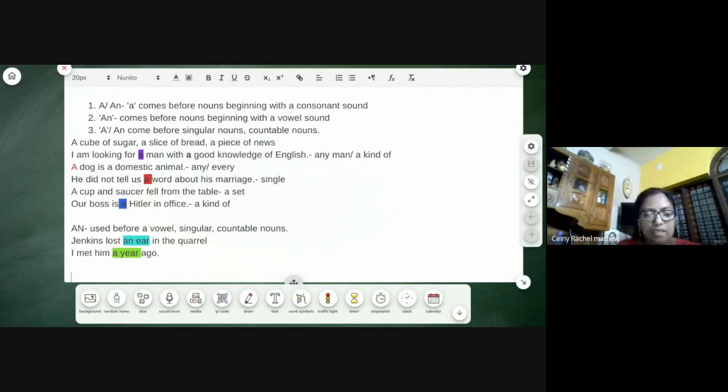So it could be a particular person, place, or thing. So, a particular person, place, or thing. When we need to speak about all this, we use the definite article, the.